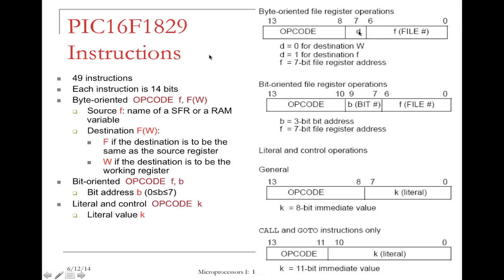Now this bit 7, this D, is just 1 bit. It's going to indicate the destination. And that's really how we encode this F or W. If it is a 0, the destination is going to be in the working register. If this bit is a 1, the destination is going to be in the source register.